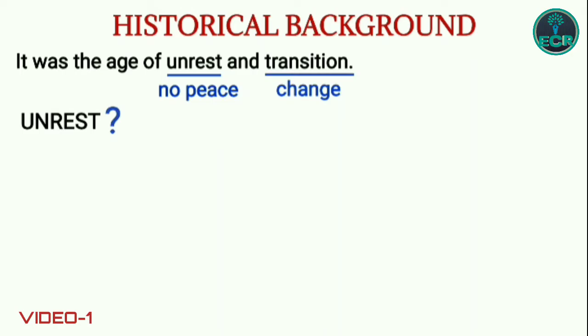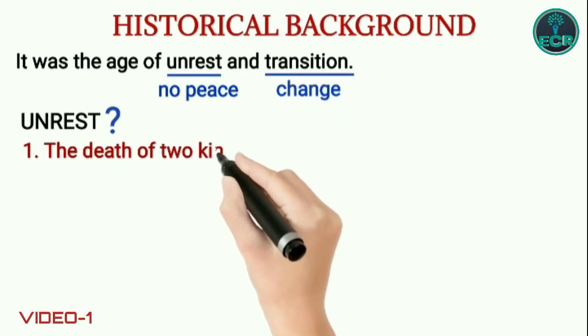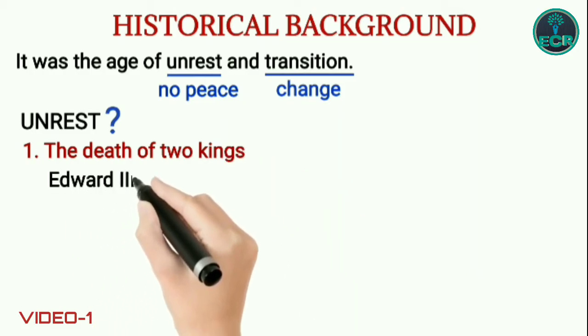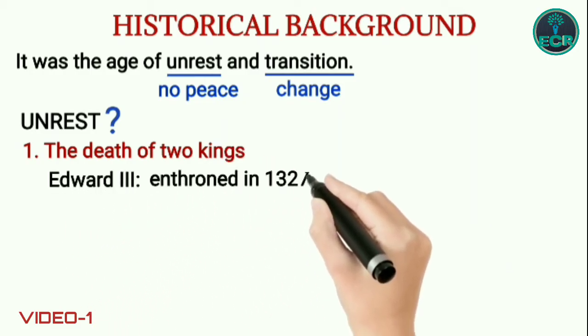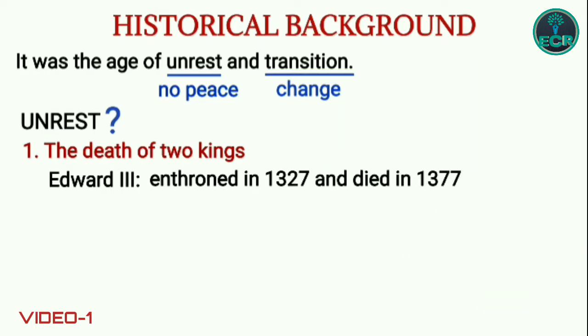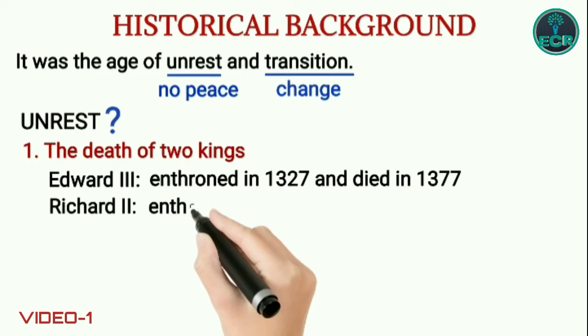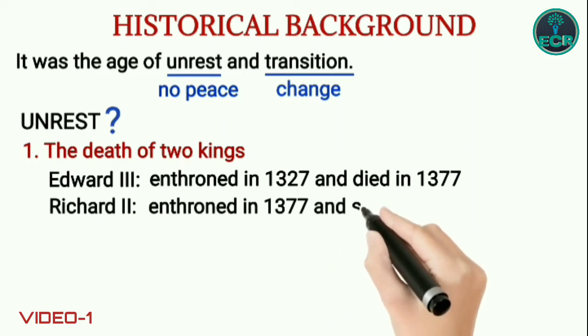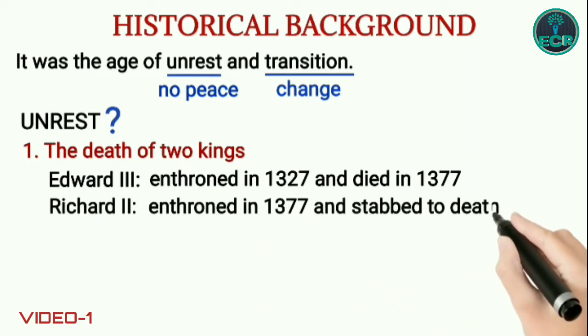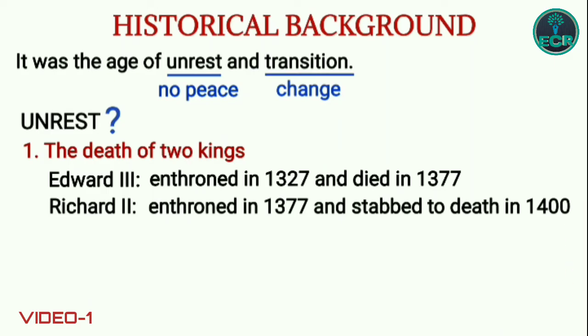The age witnessed the death of two kings, Edward III, who was enthroned in 1327 and died in 1377, and Richard II, who was enthroned in 1377 and was stabbed to death in 1400.